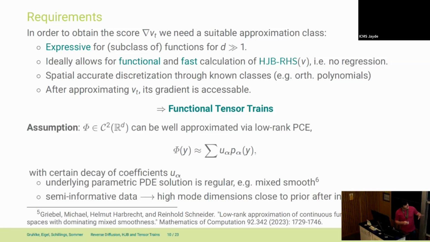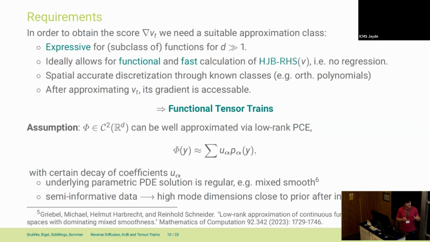Okay, one motivation maybe for the rest: we assumed already this regularity. We may assume that we can write this potential in some sort of polynomial chaos expansion, right? Where we have decent decay coefficients. And this might be linked, if you think of some UQ setup of PDEs, to some regularity of the underlying PDEs, right? You have some smoothness, anisotropic smoothness, so you have certain decay.